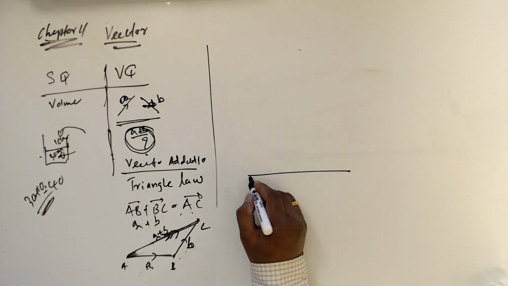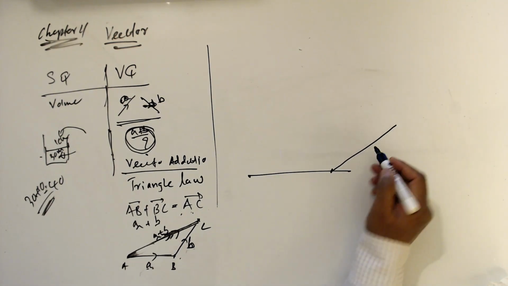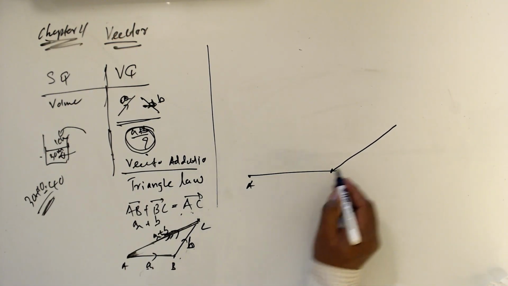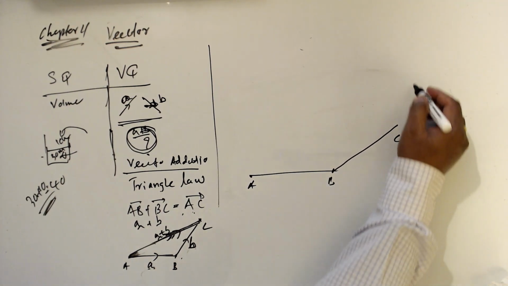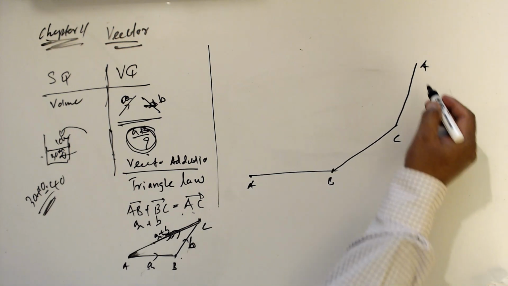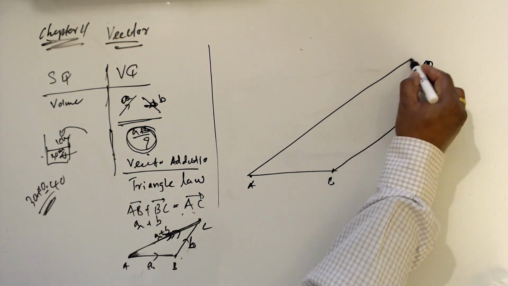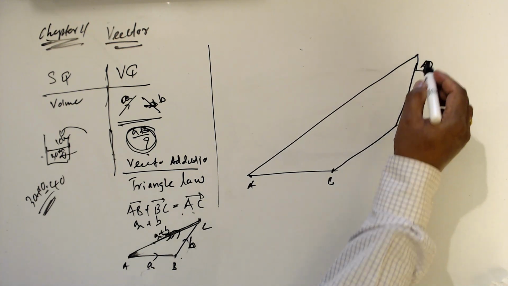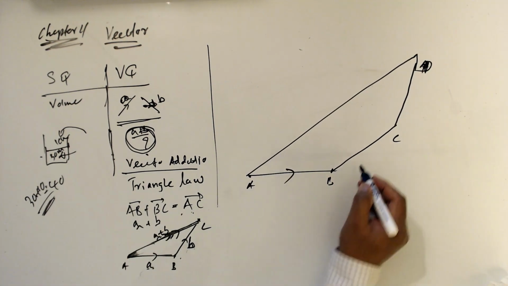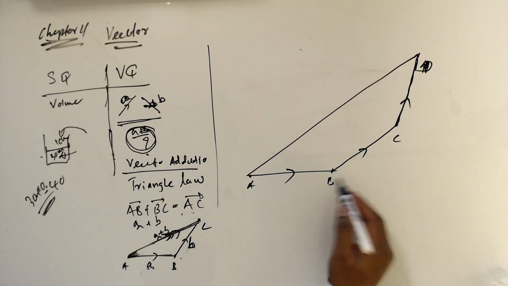Assume I have this kind of figure. AB, BC, CD. Three vectors.